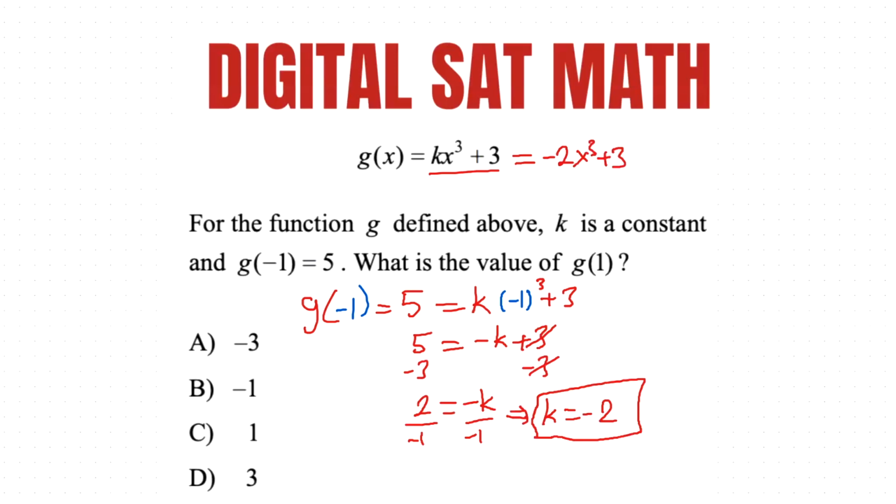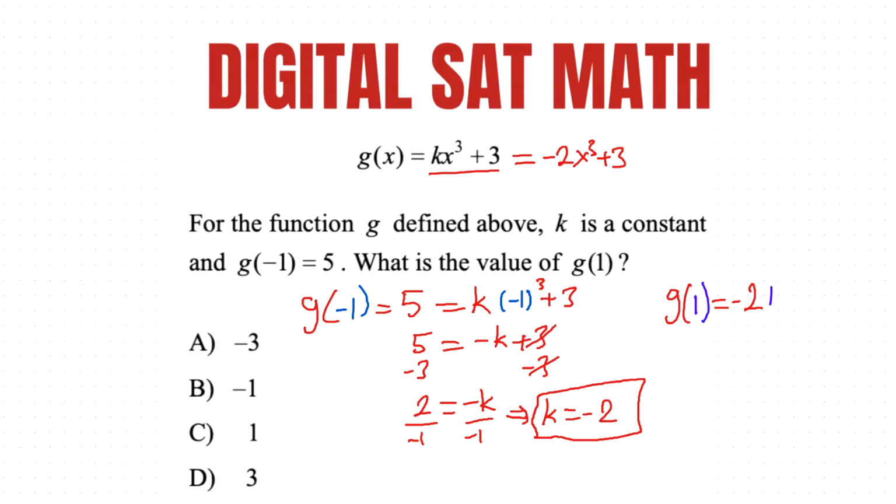Now we've been asked to find the value of g of 1. So wherever I see x in the function, I'm going to put the value 1. So this will become -2 times 1 to the power of 3 plus 3. Let me put it again in a different color.